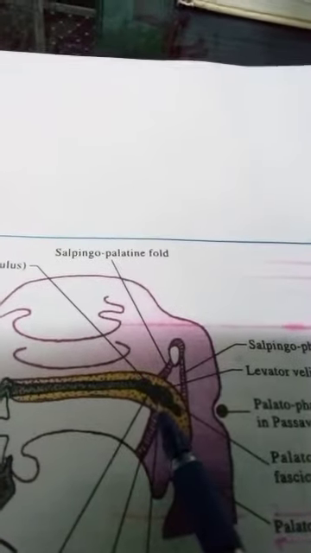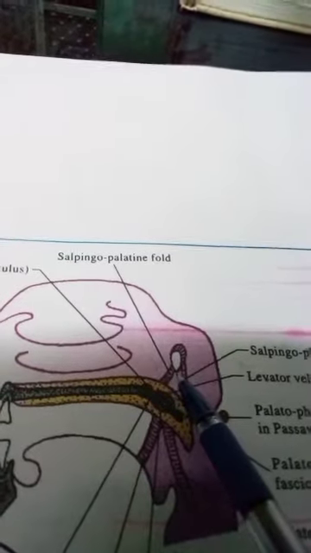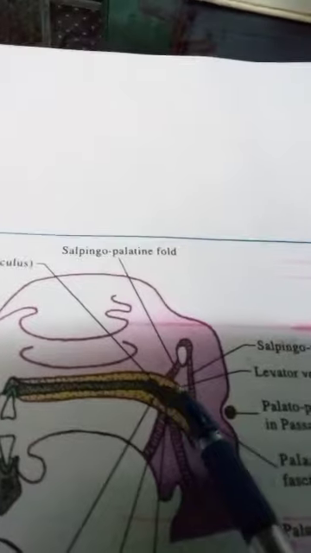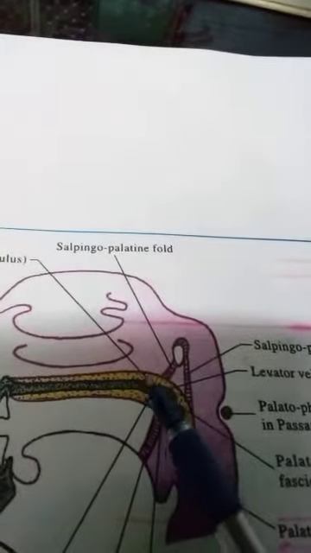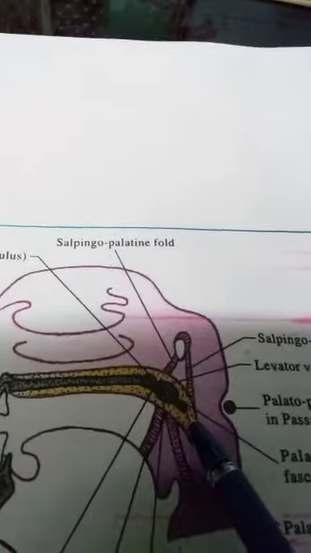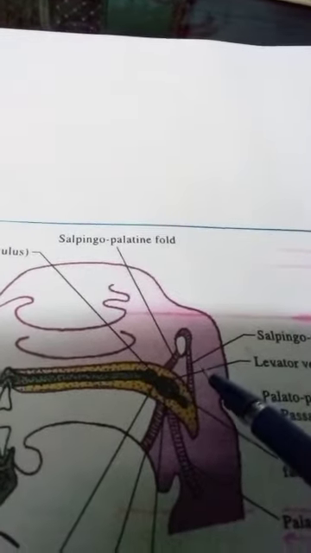This one is the anterior surface, this one is the posterior surface, and it is provided with four borders. This one is the superior border, this one is the inferior border, and these two are the lateral borders.